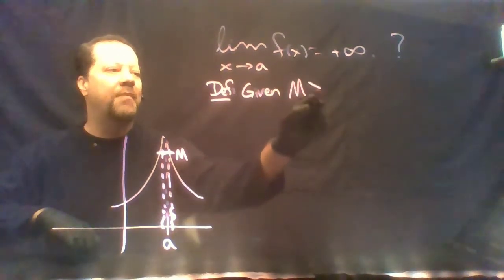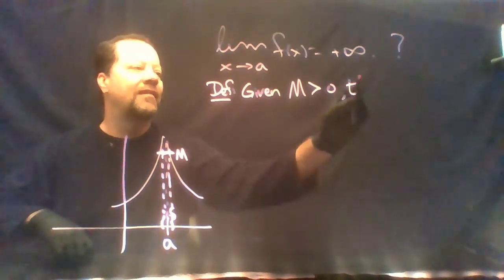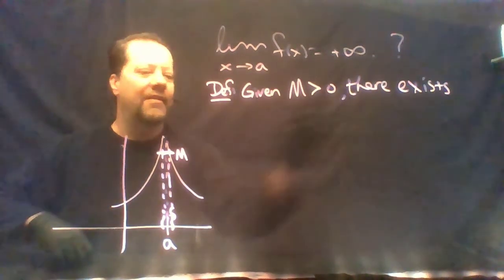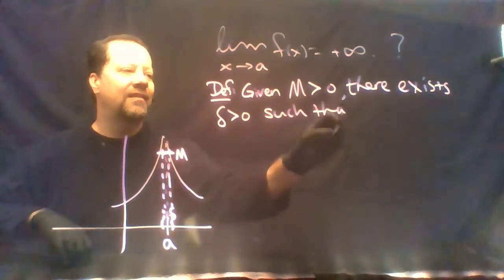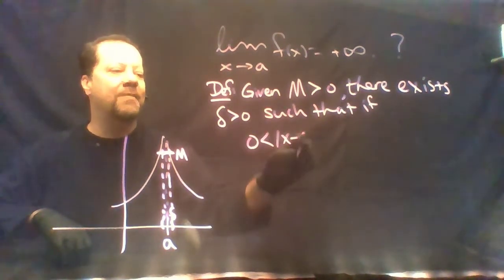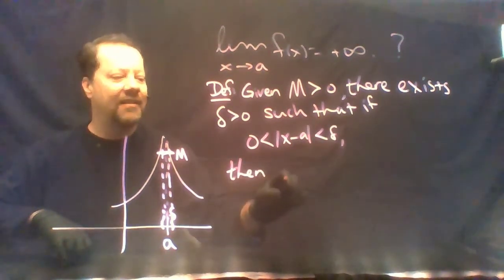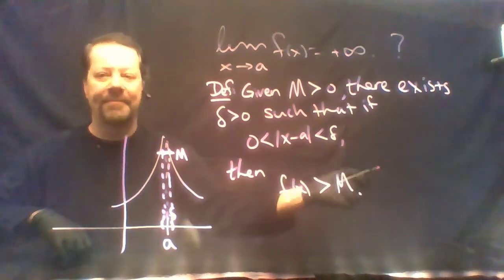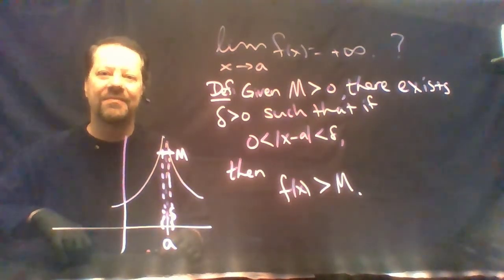Given some m greater than 0, no matter how big, there exists a delta greater than 0 such that if 0 is less than the absolute value of x minus a is less than delta, then the function value is greater than m. It will be above this level of bigness that you chose.